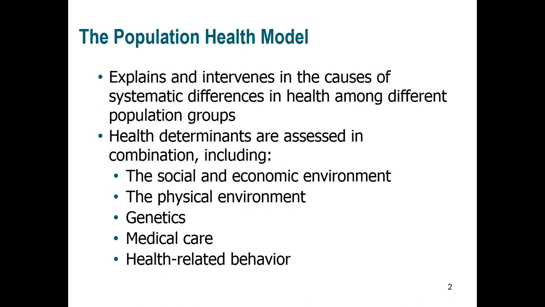For example, what is the difference between the Northeast and why they're healthier than population groups in the South, where those groups tend to be more unhealthy, tend to have more chronic disease and a higher prevalence of obesity versus in the Northeast. The population health model looks to explain those differences.